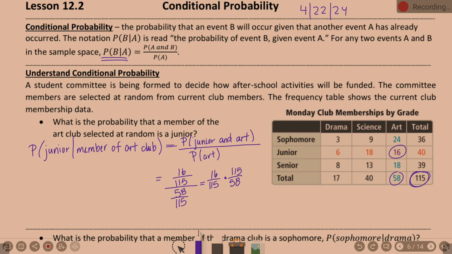What do those 115s do? They cross cancel, yes? And so then you're ending up with 16 over 58, which, I don't know, I know they're both even, so I know they're reduced that way.